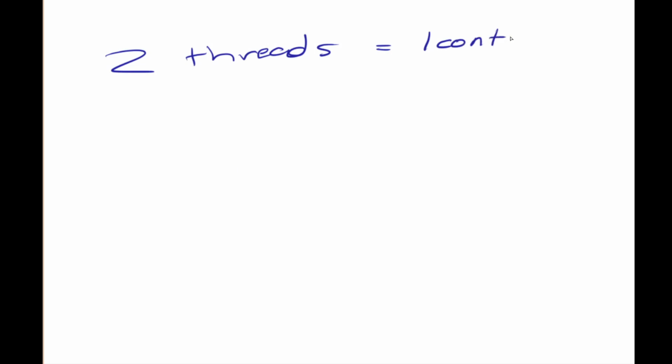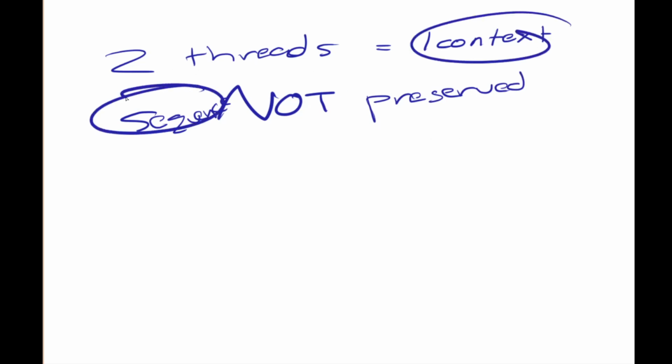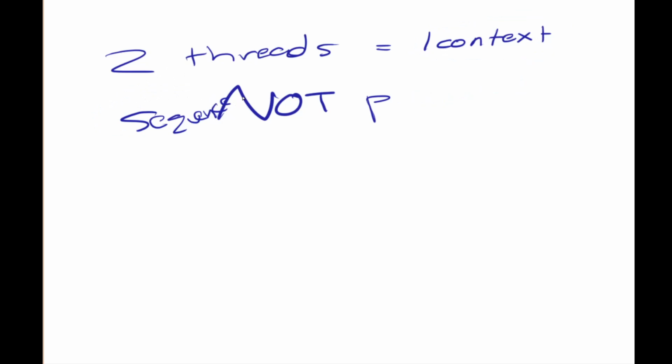Let's say you have a single program and it has two different threads that the programmer has said that there's going to be two threads, two sets of instructions within the same context. Okay, their sequence does not have to be preserved. Their sequence not preserved. So these are not the same thread, as they might be within the same context, but the sequence is not tied.